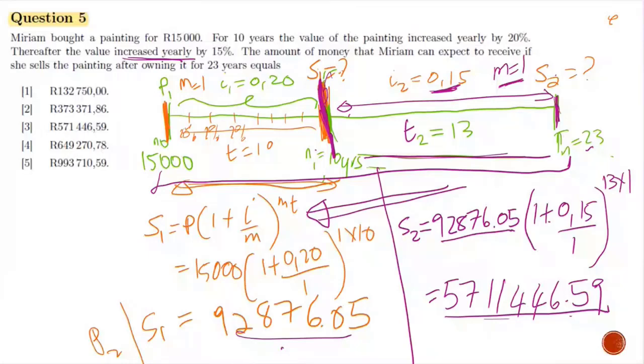I want to check if ever you are adding these two. 92,876.05 plus 571,1446.59. 580. Okay. There is no answer which would have made you happy, whereby you add this and that.